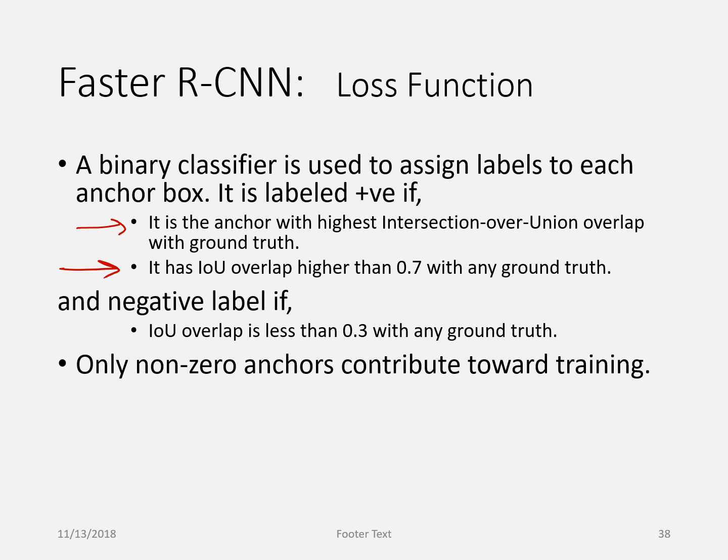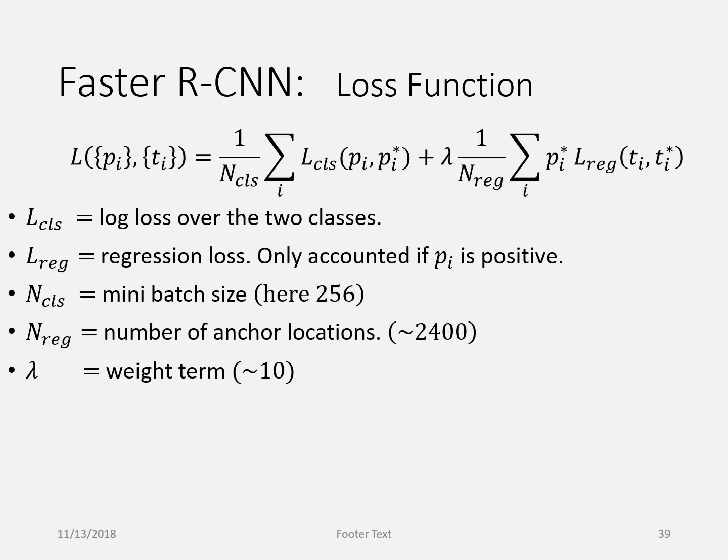Now, going mathematically into the loss function, as explained earlier, it has a classification loss, which counts whether the classified label matches the true label or not. It also has a regression loss, which is for whether the predicted box matches the ground truth box or not. One thing to note is that the regression loss only counts if the anchor is positive, otherwise this loss is ignored.